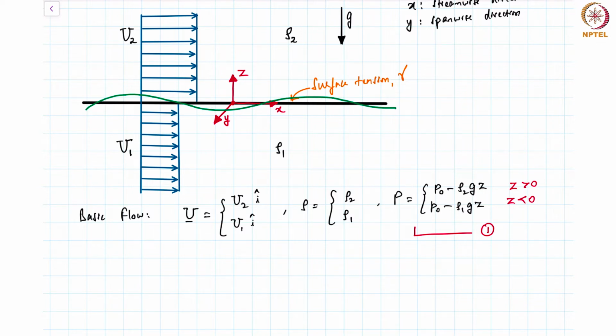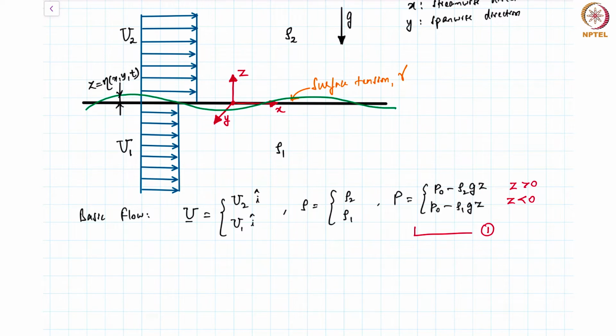And the perturbation will be such that the interface position we'll define as z is equal to eta of x, y, and t. That's the position of the perturbed interface.